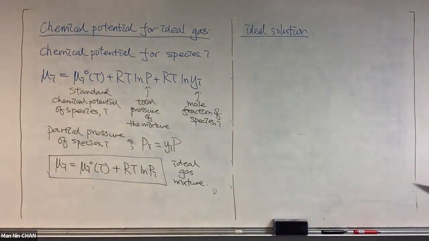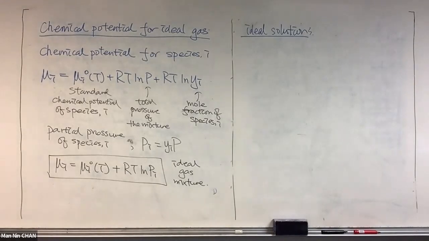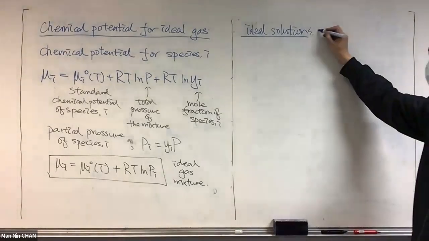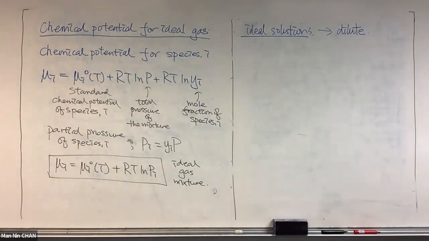So now we are talking about the ideal solution first, okay? This can apply when we talk about some dilute solution, where you can assume this is what we call an ideal solution.